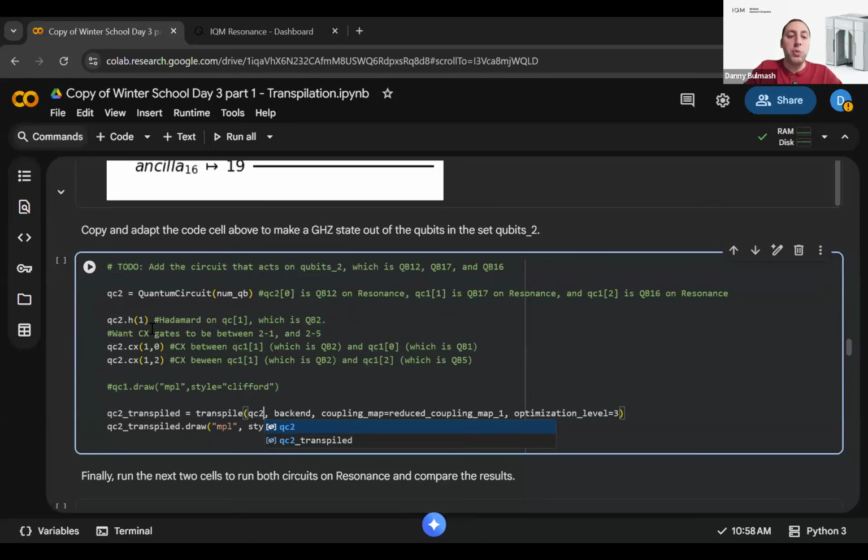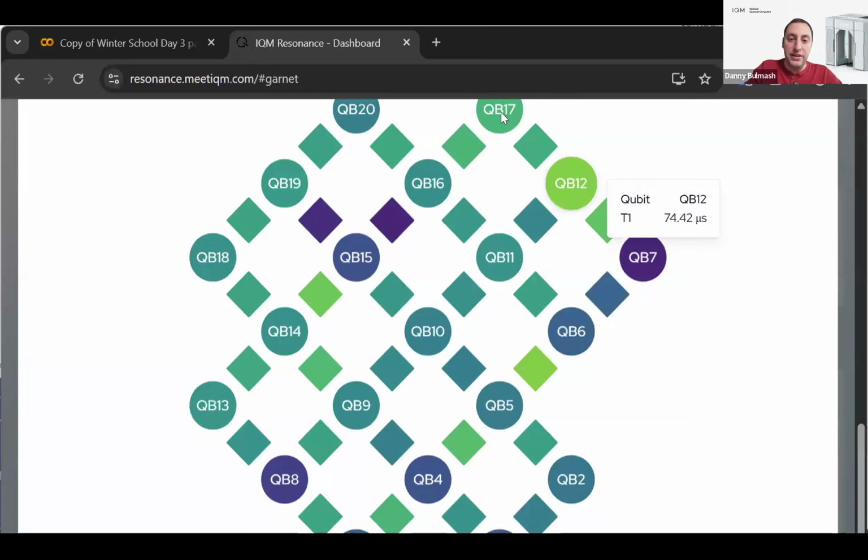But now the question is, which gates do we want to connect with CX gates? Well, if we look at the diagram, let me get back to that diagram, we see that qubit 17 is the one that's connected to the other 2 that we were looking at.